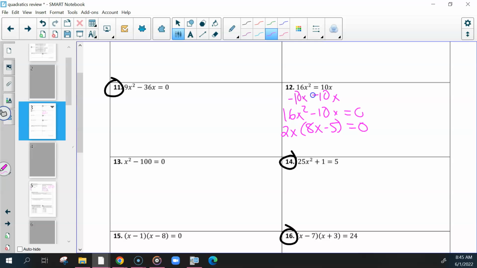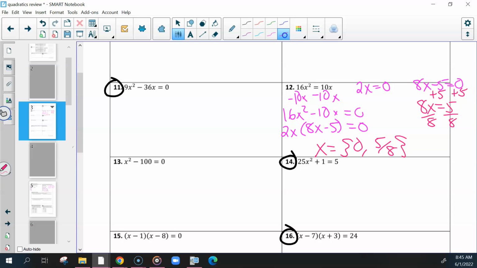And then you would set both factors equal to 0. So you have 2x equals 0 and 8x minus 5 equals 0. This one we know is going to be 0 because we have to divide. But this one we would need to solve. So add 5 to both sides and then divide. So our solutions would be 0 and 5/8.